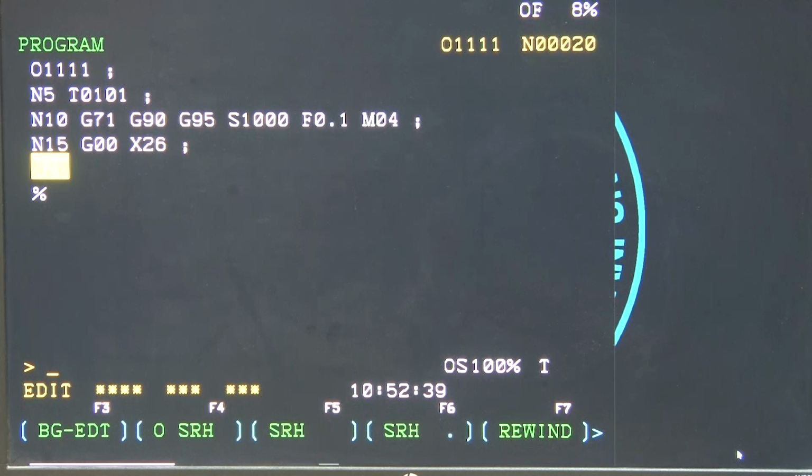We will have G00 and X26. After that, it will be Z1. So in N15 we have given G00, X26 and Z1, and again every time you can see that at the end of the block there will be a semicolon. That means that this is the end of the block.